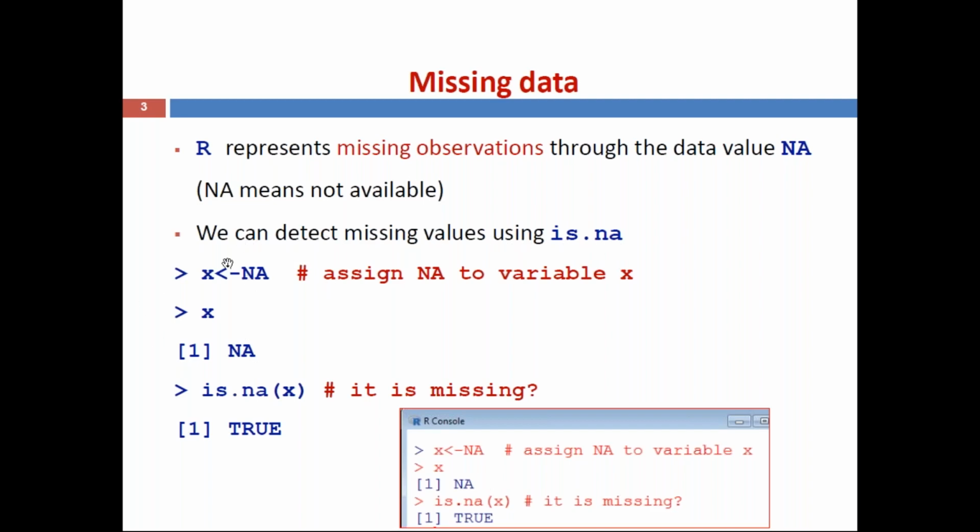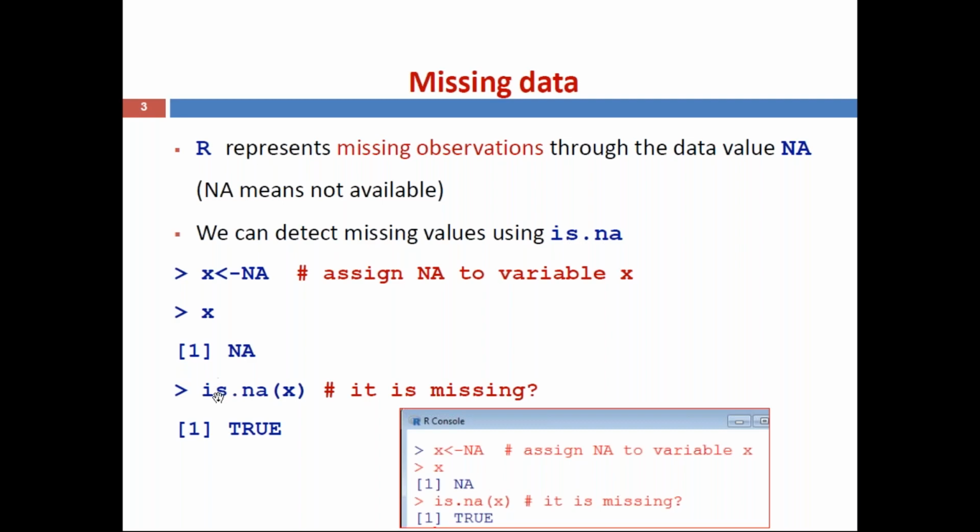For example, here you are assigning NA to a variable x, that can be defined as x equal to NA. Then whenever you call x, the NA is displayed. Now, if you want to check whether there is any missing value in x, use the command is.na.